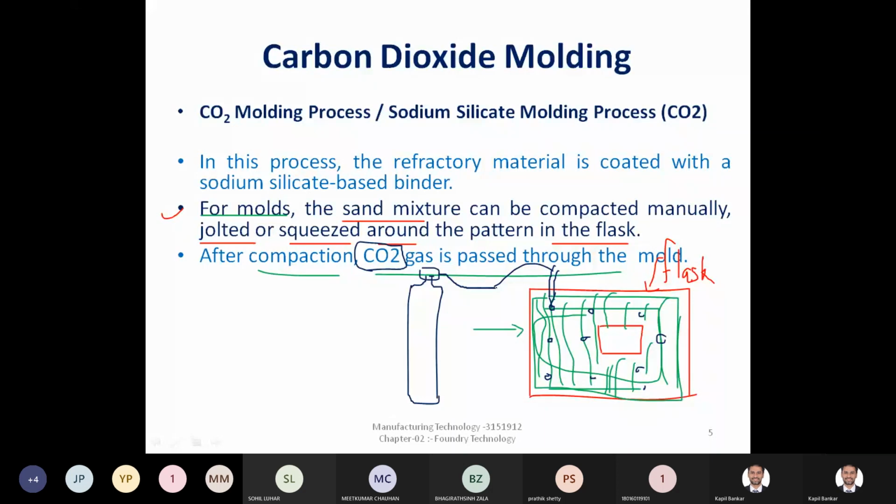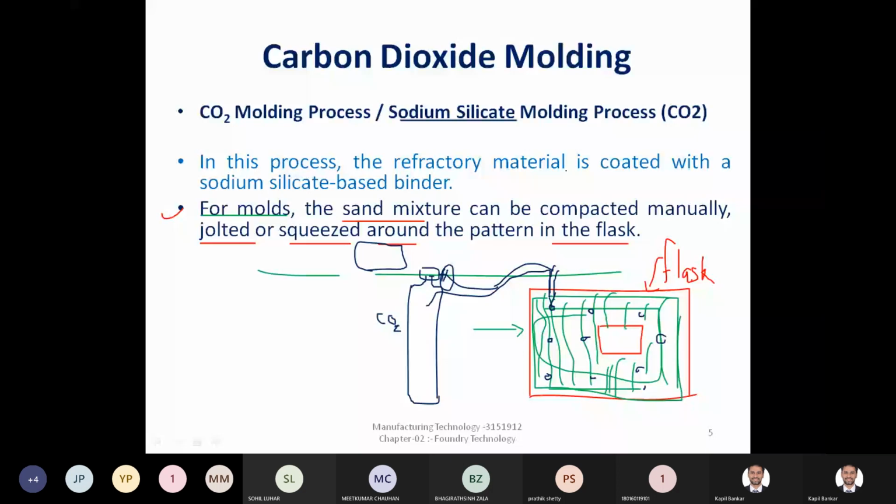From this CO2 cylinder, once I open this valve, CO2 gas will be inserted from this nozzle and it will pass through this mold. Once the CO2 gas passes through this mold, the sand mixed with sodium silicate will get hardened.